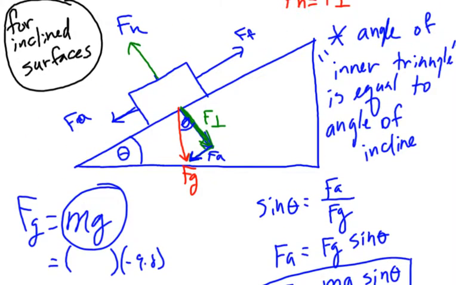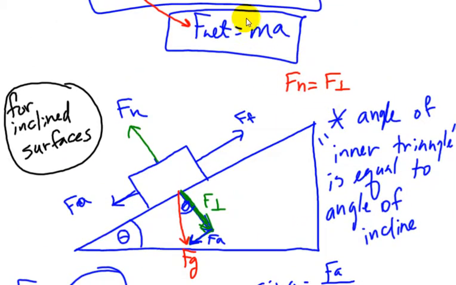Okay? So key things to note, Fn is equal to F perpendicular, and also the force down the plane, or the applied force, whatever you want to call it, is equal to F parallel, which really is this part over here.